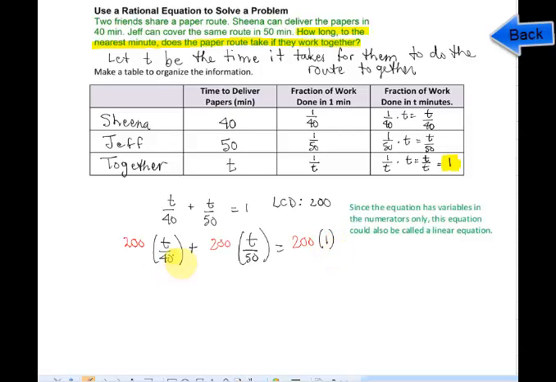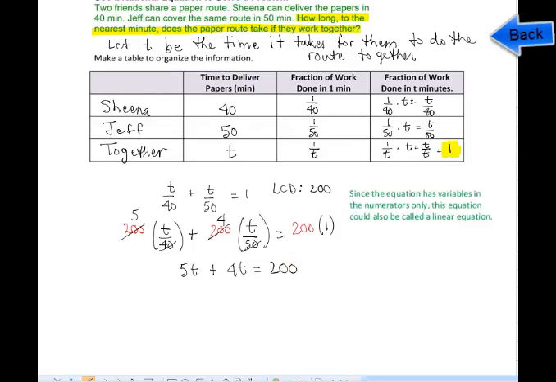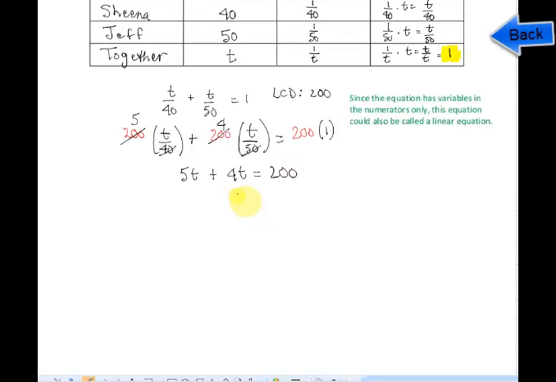Let's do some reducing. 40 goes into 200 5 times, 50 goes into 200 4 times, and there's no reducing on the right. So we get 5t plus 4t is equal to 200, and that gives us 9t equals 200.